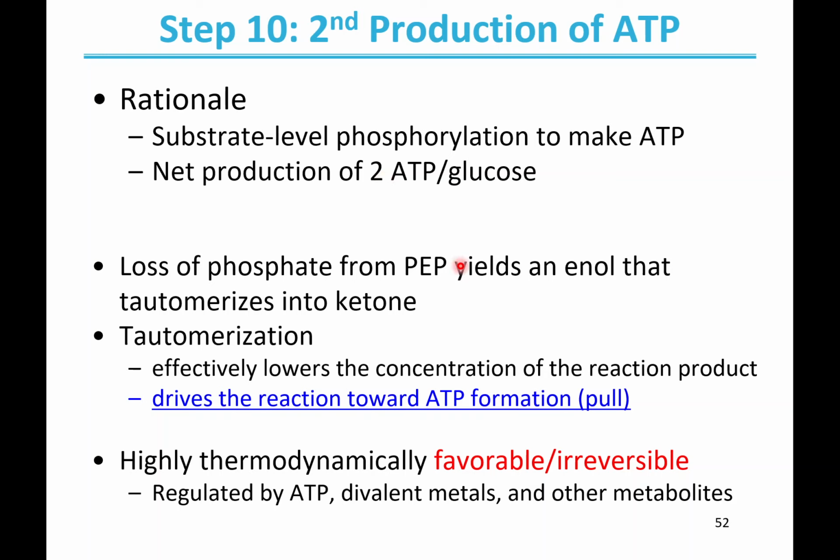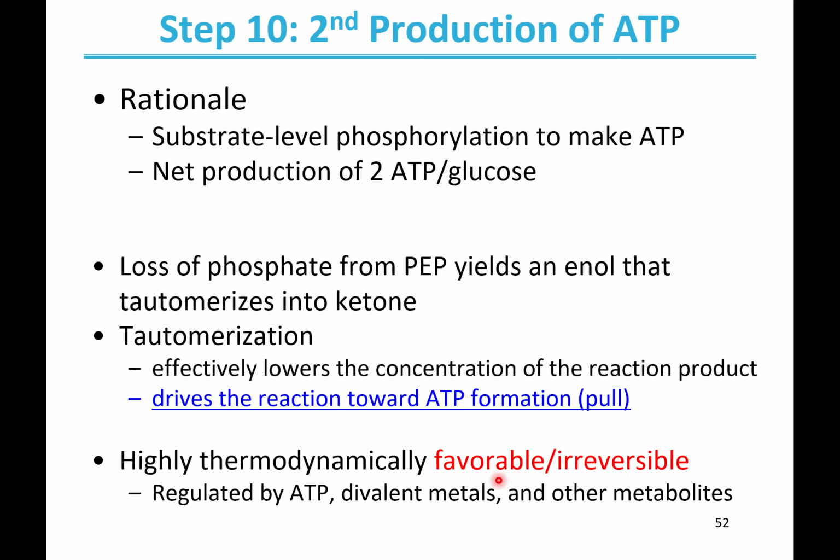The loss of phosphate from PEP yields an enol that can what's known as tautomerize into a ketone, and that provides another level of stabilization. And it actually also, if you want to think of it this way, lowers the concentration of the product, and you're pulling that reaction forward.